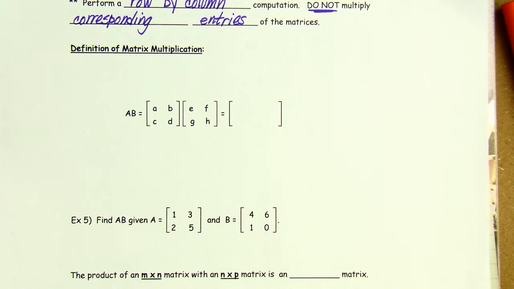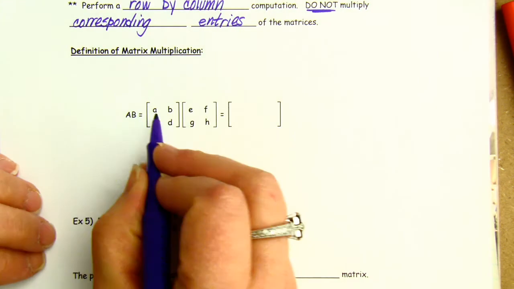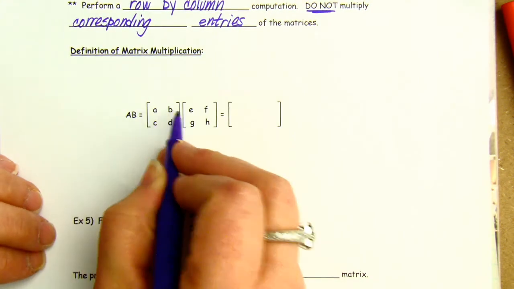If you were in class, I prefaced this a little bit with some of you. What you're going to do is multiply the row with the column.